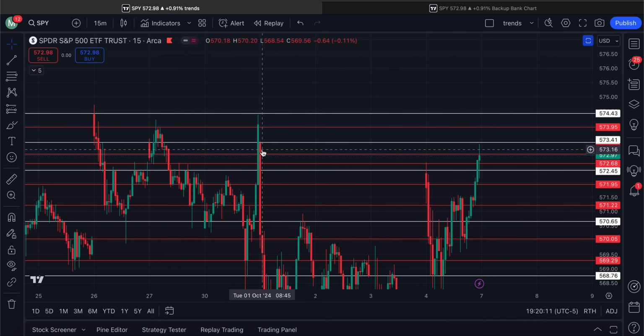And I just want to place this level right here for the fact that I did see this pretty nasty red candle.